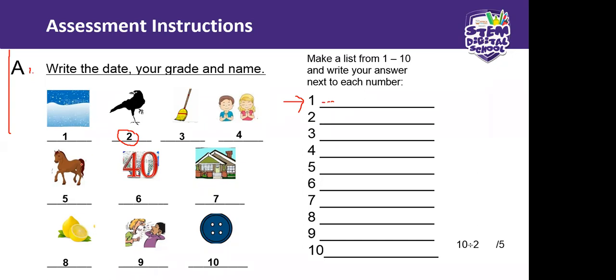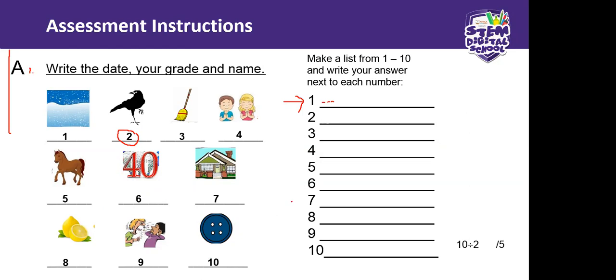Okay. And here, number 5. And so you go on. Here is number 6. Look, it's a number. I want you here to write the word for this number. Okay. Then you go on. Number 7, number 8, number 9, and number 10.